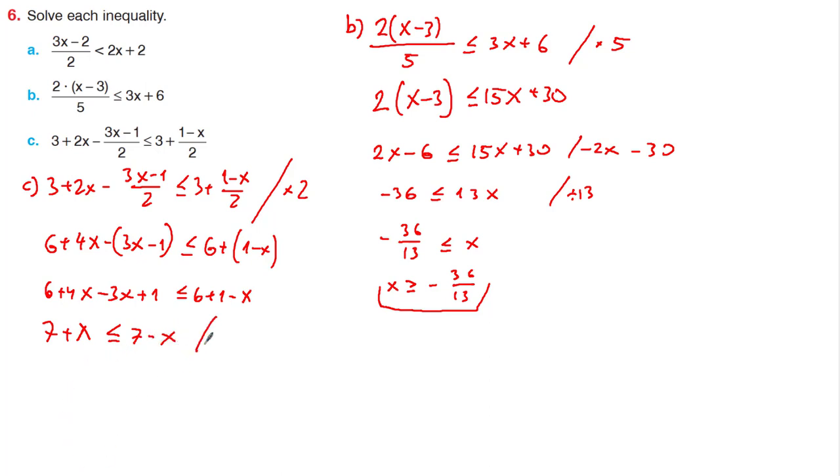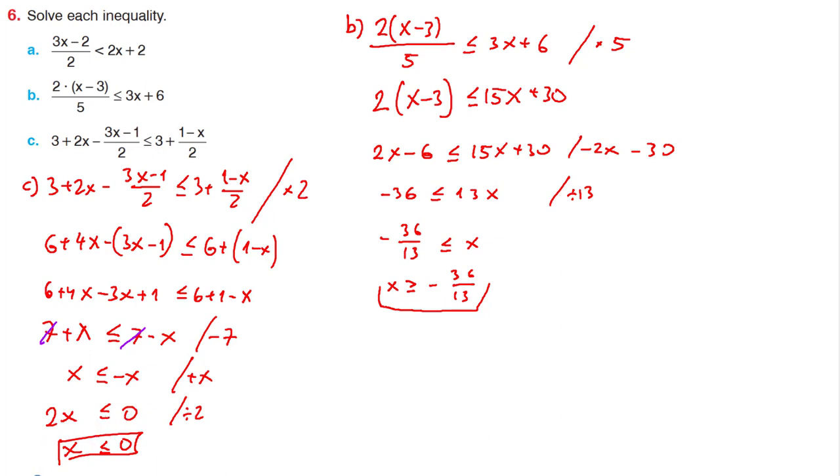Now if we subtract 7 from both sides, these two 7s will just cancel out. So we get x is less than negative x. If we add x to both sides, 2x is less than 0. Divide both sides by 2, we get x is less than 0 as well.